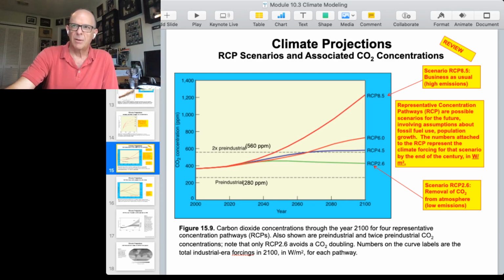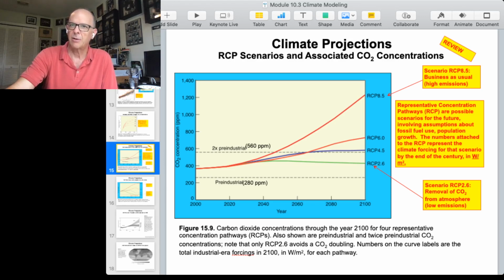The levels of CO2 result in a particular amount of energy forcing to the planet, measured in watts per square meter. So the RCP numbers: 2.6 means 2.6 watts per square meter of additional heating to the planet due to the presence of greenhouse gases.